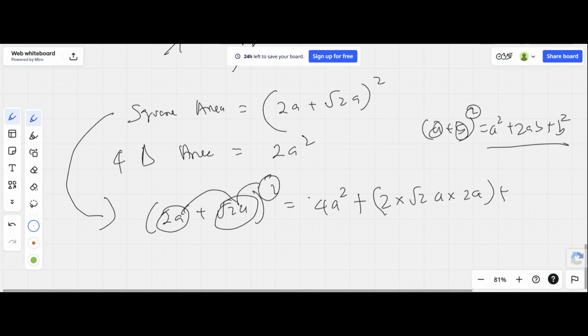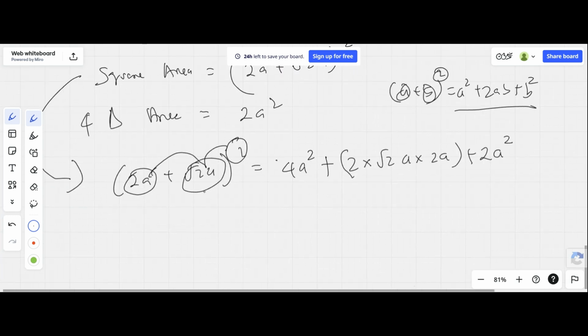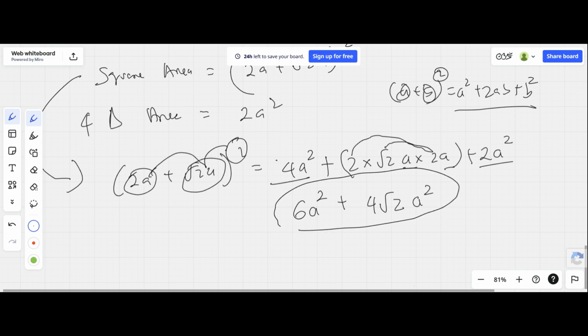Root 2a squared is 2a squared, right? So you see here 4a squared plus 2a squared; if you add it, 6a squared, plus 2 into 2, 4, into root 2, 4 root 2 a squared. This is the area of the square.